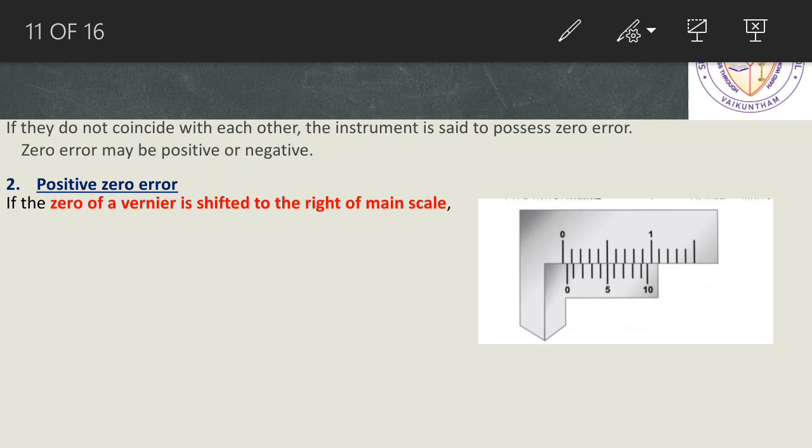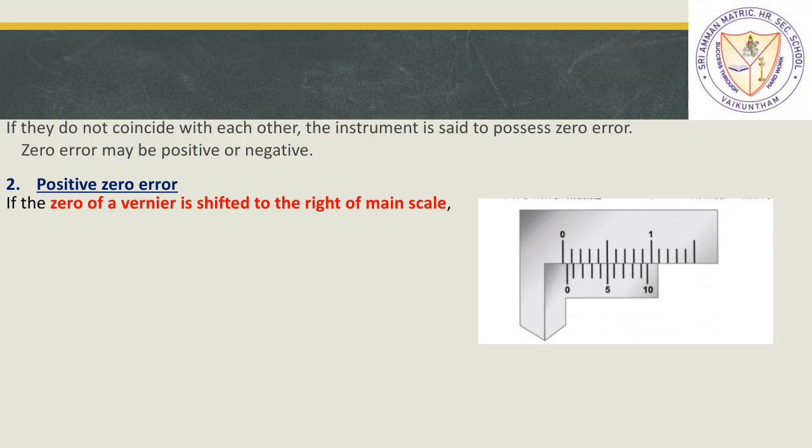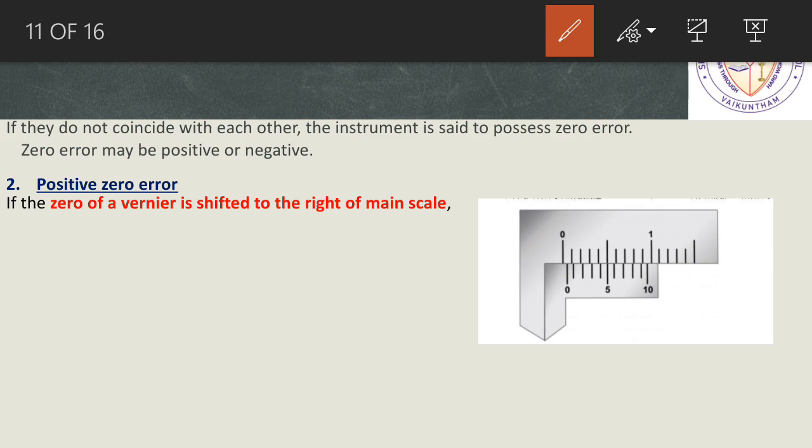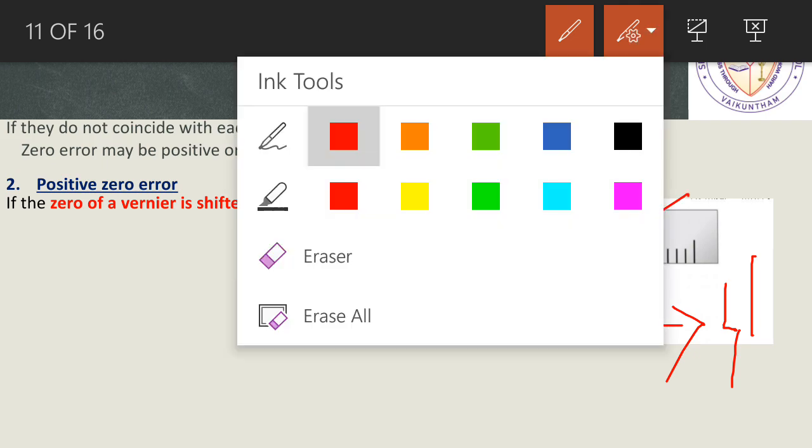As you can see in the figure, the 0 of the vernier scale, which is the scale on the downside, is shifted right of the 0 of the main scale, right? They are not coinciding, they are not in a straight line. There is a gap between the 0 of the main scale and the 0 of the vernier scale.